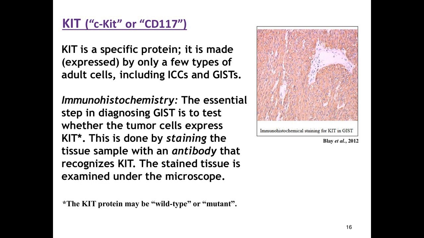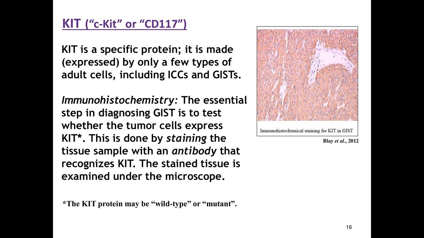That's done by a specialized technique with the long name immunohistochemistry. I'm not going to go into detail about that today, but this technique, which is established in any pathology lab, is a staining technique using an antibody, and it allows the pathologist to determine whether KIT is being expressed by the cells in the tumor sample.